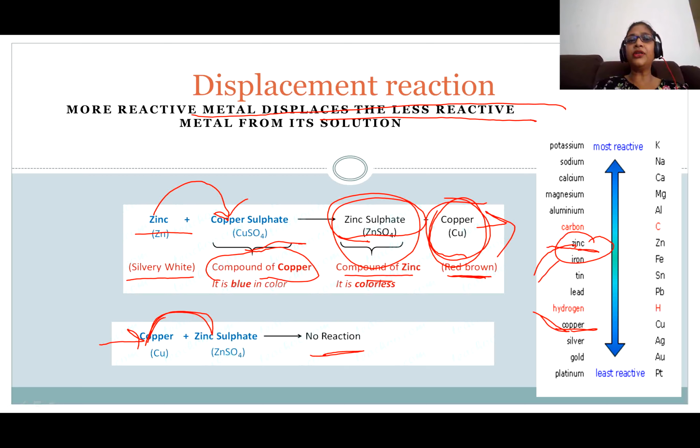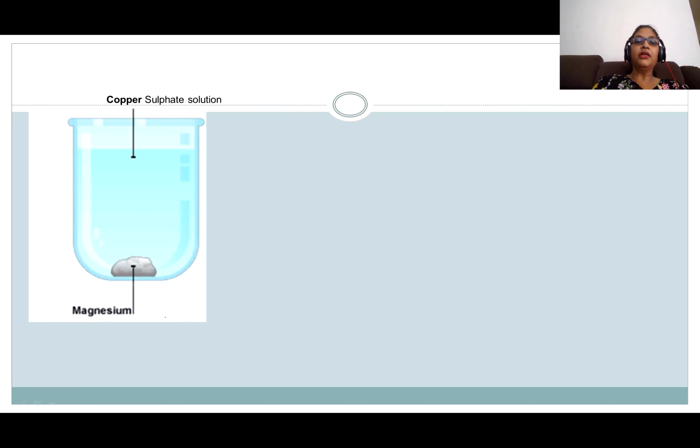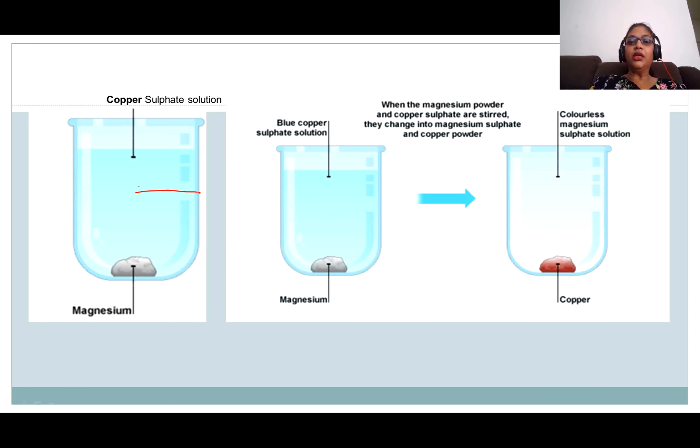So this is how, for a displacement reaction, you can identify whether a metal will displace another metal from its salt solution or not. If you are doing it in the lab, this is one more example. You can take a magnesium strip, and this is the copper sulfate solution, which is blue in color. After some time you will observe that the magnesium will dissolve in the solution, the blue solution will change into a colorless solution, and reddish brown copper is formed.